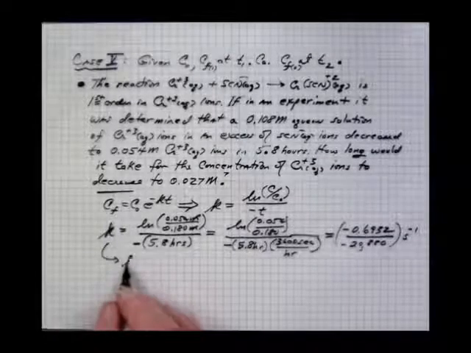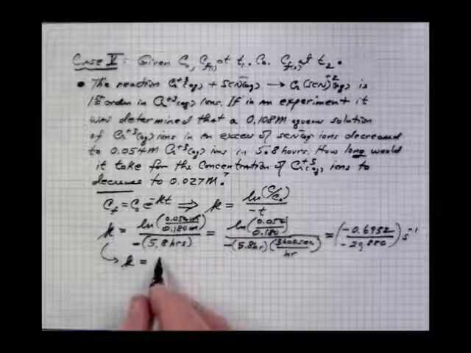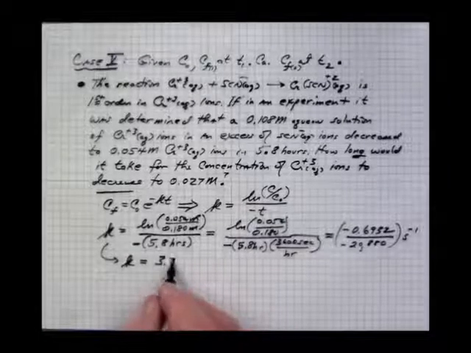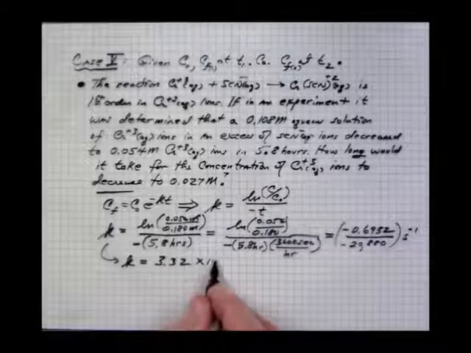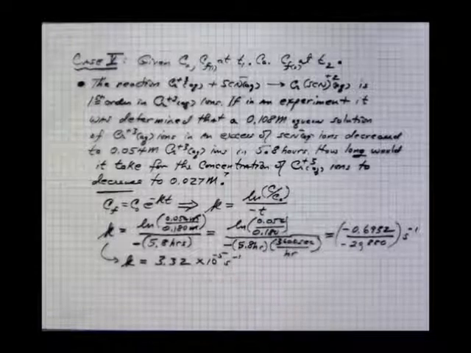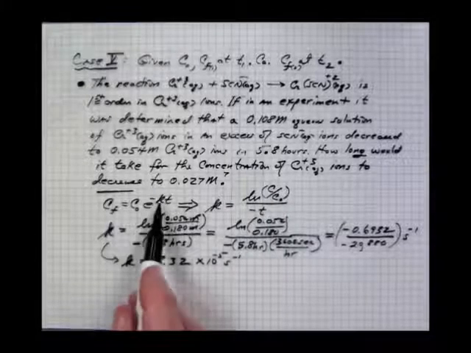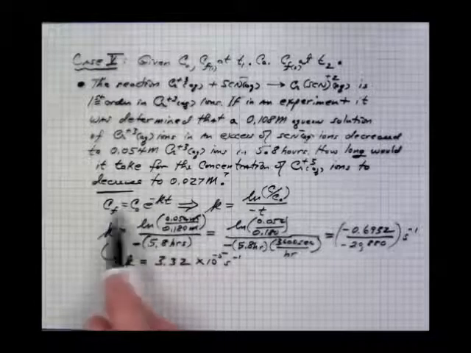Therefore, K is equal to 3.32 times 10 to the minus 5 reciprocal seconds. Now we can apply this into the decay equation.